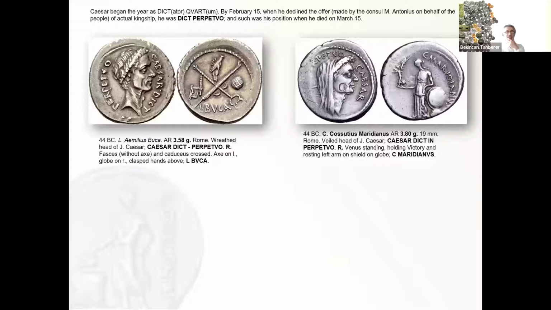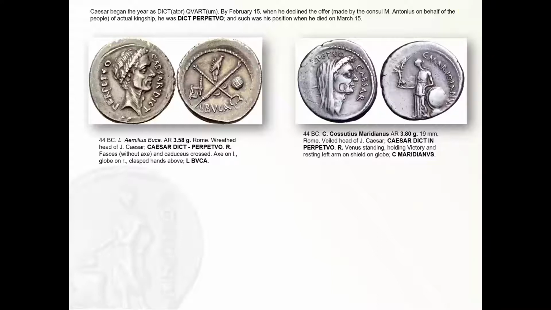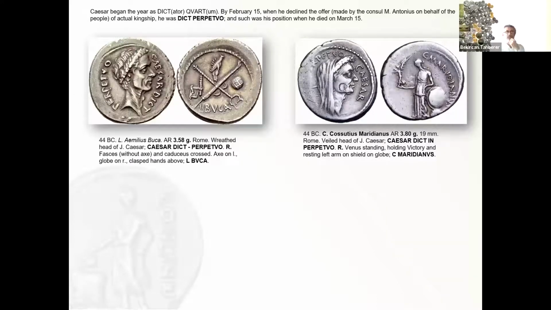But he was offered the title Dictator Perpetuo. So he simply accepted that one. I'm sure it was something rigged previously, but that was the last straw that broke the back of the camel.